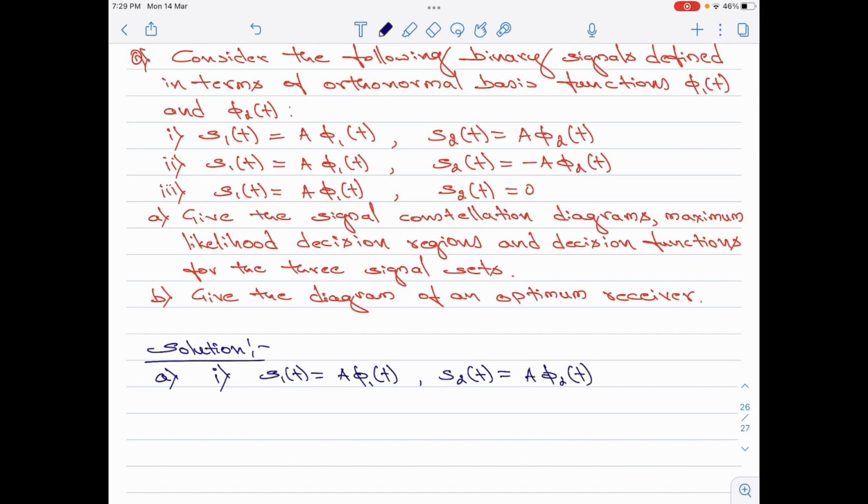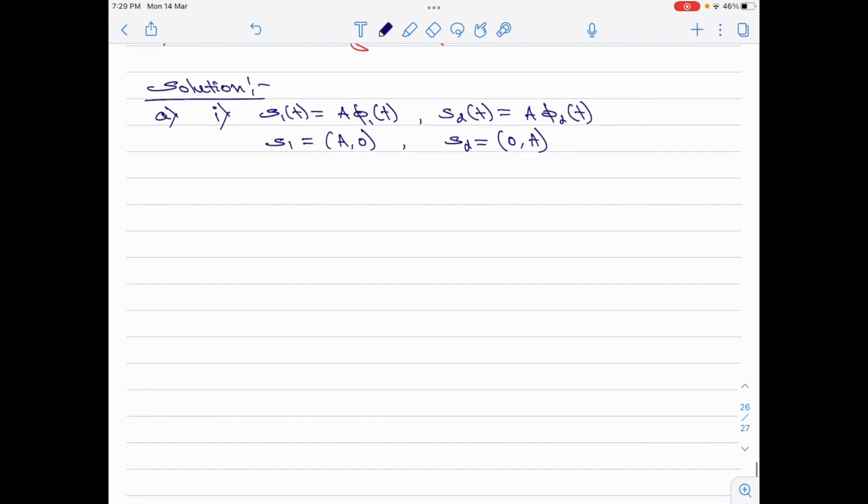From the given signal set, we can identify the coordinates of the signal vectors in the signal space as s1 equals a comma 0 and s2 equals 0 comma a. These are the coordinates of the signals in the constellation diagram.